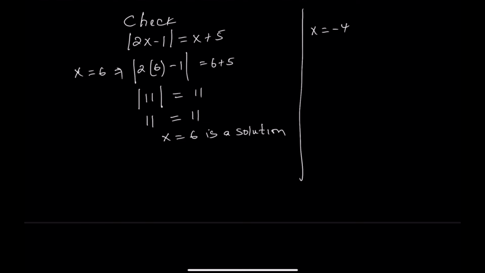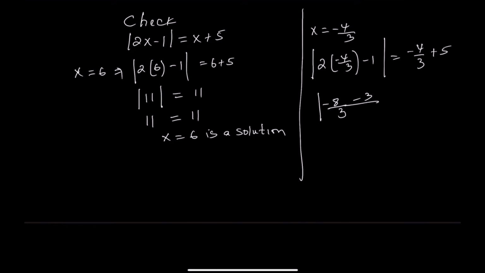Now check x equals negative 4/3. Plug it into both sides. The absolute value of 2 times negative 4 over 3 minus 1 equals negative 4 over 3 plus 5. Then using a common denominator, we have the absolute value of negative 8 minus 3 over 3 equals negative 4 plus 15 over 3.